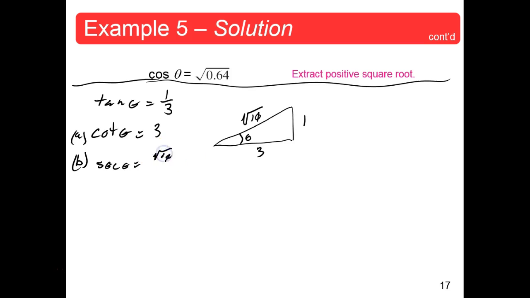Root 10 over 3. Just write it down, okay? Or you could have done the square root of 1 plus tangent squared theta, because secant squared is tangent squared plus 1, so take the square root of both sides. And doing that is work, but you could do it. You would get the same answer.